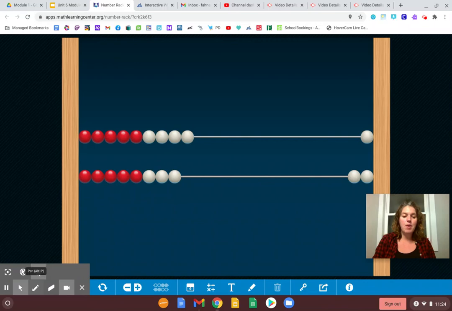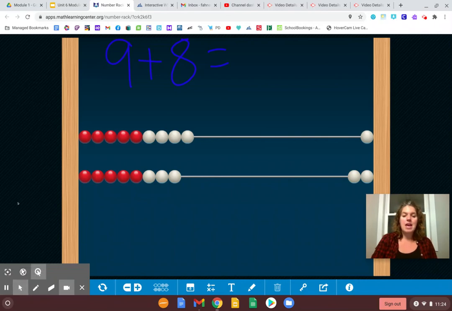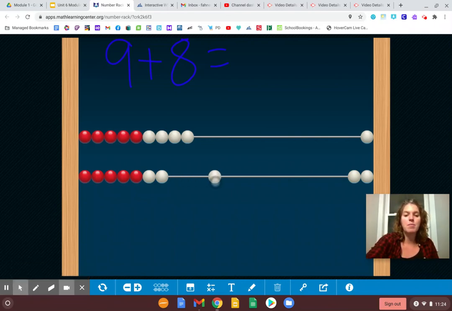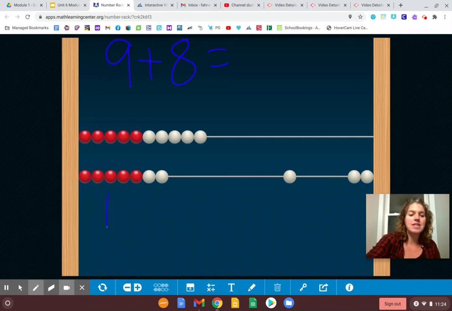Go ahead and solve that problem, and you can solve it by either using your 9 plus 8, or you could trade and say, I'm going to get rid of this one on the bottom here and trade it for one on the top. So we're not losing any. We're just doing a trade. And now I have 10 and 7 more. Go ahead and write your answer.